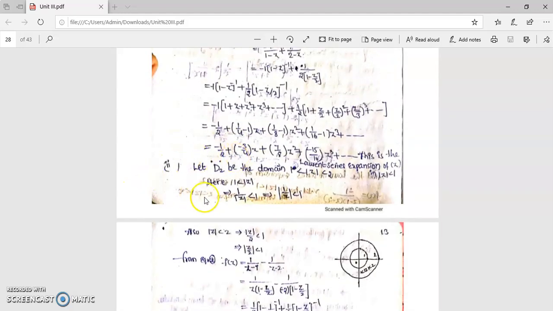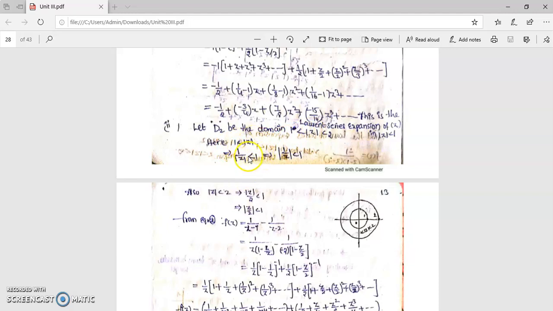For the second problem, D2, the domain is mod z lies between 1 and 2. Here first take 1 less than mod z, that is mod z greater than 1. Mod z greater than 1 means 1 by mod z is less than 1.